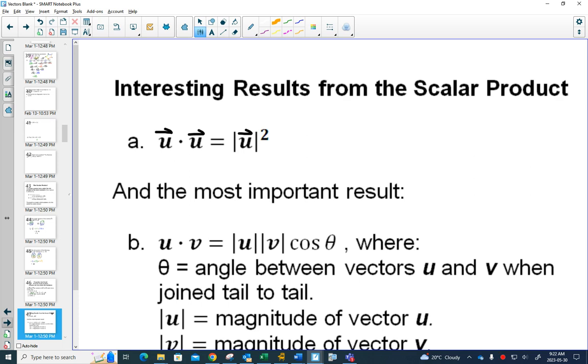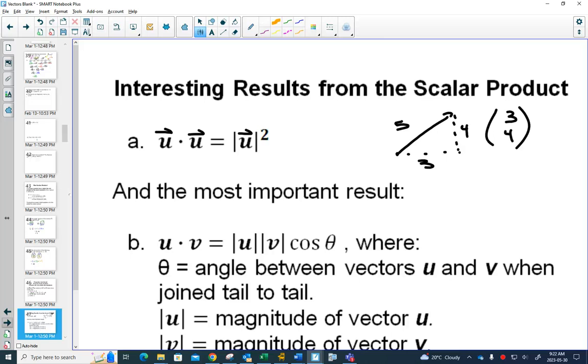Let's say I take a vector that you know the length of. Let's say I take the vector 3, 4, which would be 3 in the x direction, 4 in the y direction. We know that this length is 5 because you could do a squared plus b squared equals c squared and then square root it.